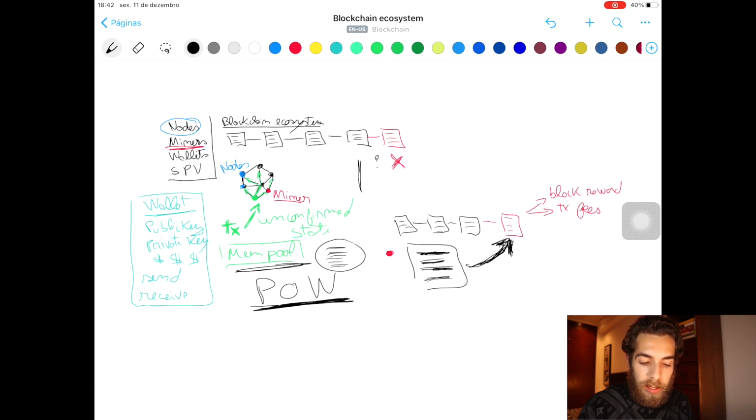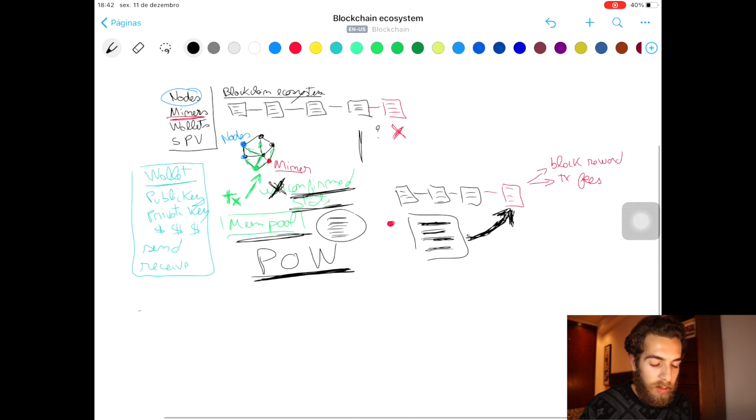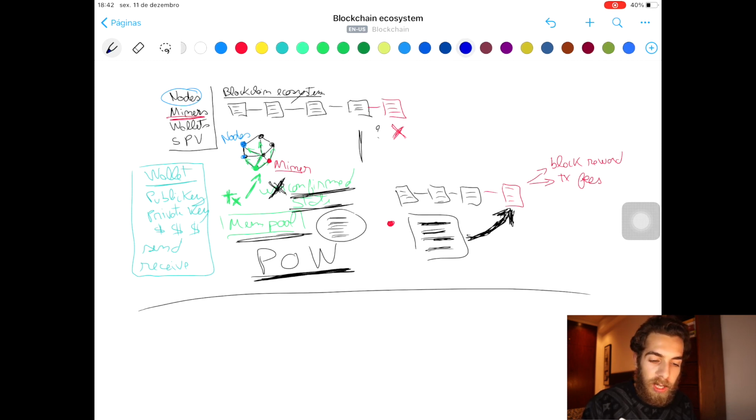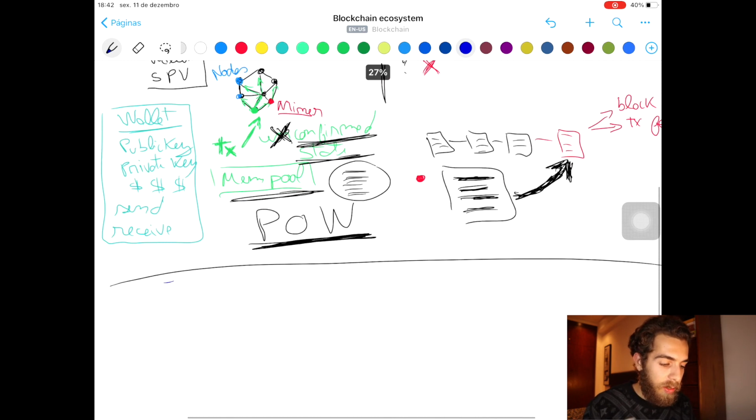And only at this point, when the block is added to the blockchain, does this transaction become confirmed.